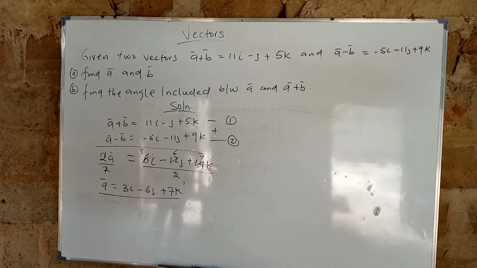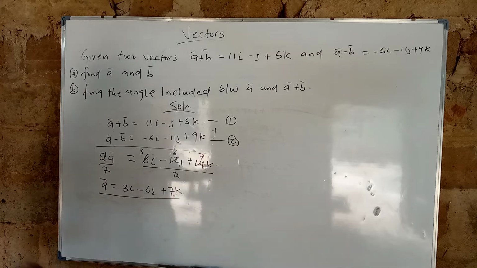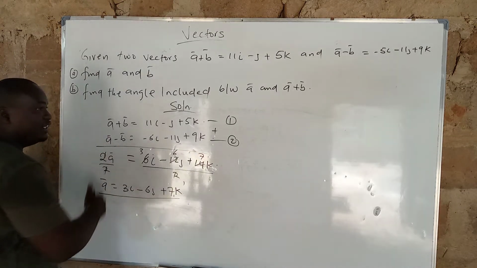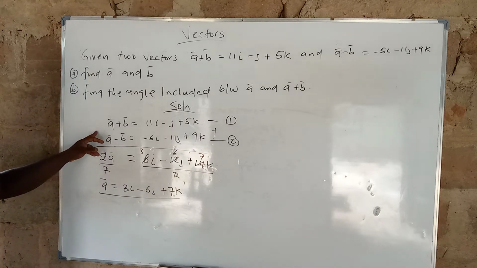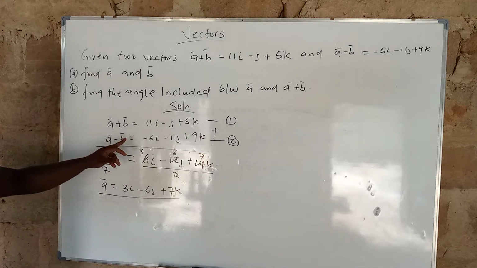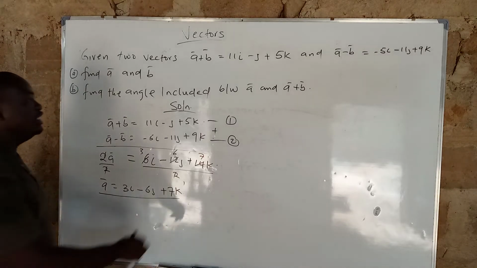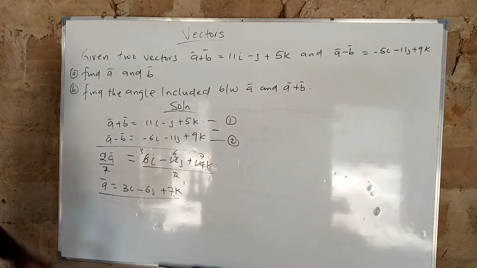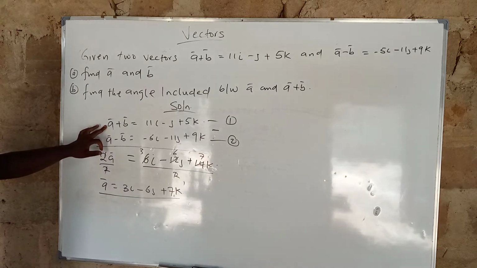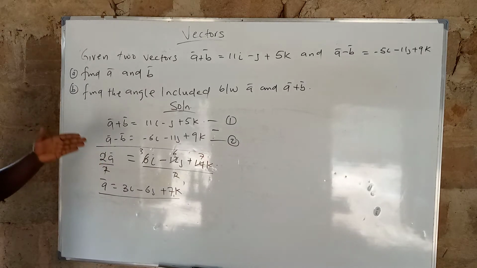Now remember, they said we should find A and B. Now for you to find B, can you pause and solve it? Of course you can. If you add it, you will see that we still have A. If you have gotten A, you need to eliminate A and get B. Now all you need to do right now is come to this equation and change it to minus. Remember, A minus A is 0.